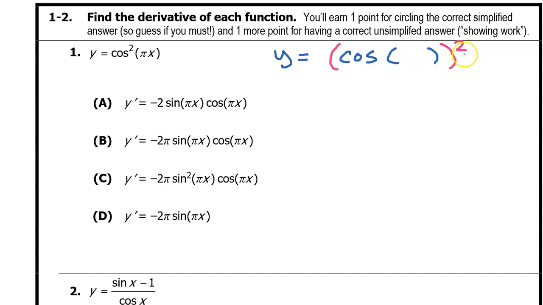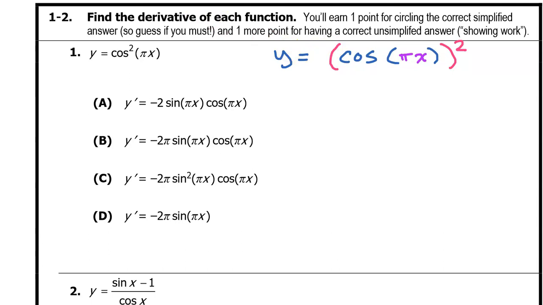So that in red is the outer function. And then cosine is sort of the middle function. And then inside of cosine, we have pi x. So we have the red outer function, the blue middle function, and the purple inner function.